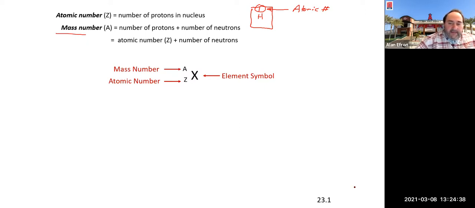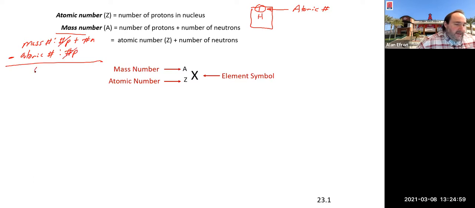The mass number and atomic number are important to each other because if you take the mass number, which is the number of protons plus the number of neutrons, and subtract the atomic number, which is the number of protons, the protons cancel and you get the number of neutrons.